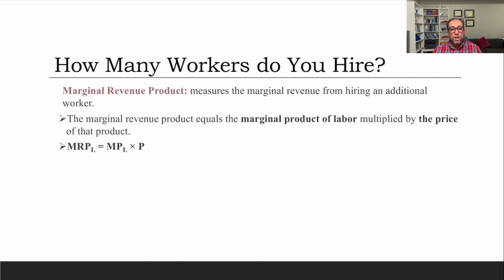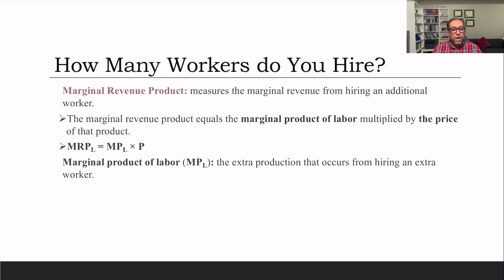We can see this as the marginal product of labor multiplied by the price of the product, which gives us marginal revenue. So how do we calculate marginal revenue product? The marginal product of labor multiplied by the price at which we can sell that product is our marginal revenue product. And the marginal product of labor is the extra production that occurs from hiring an extra worker or an extra hour of labor.